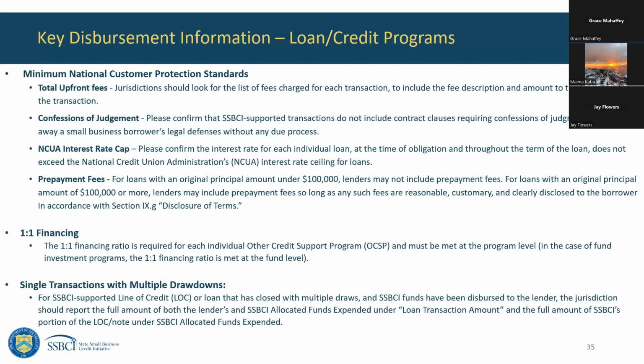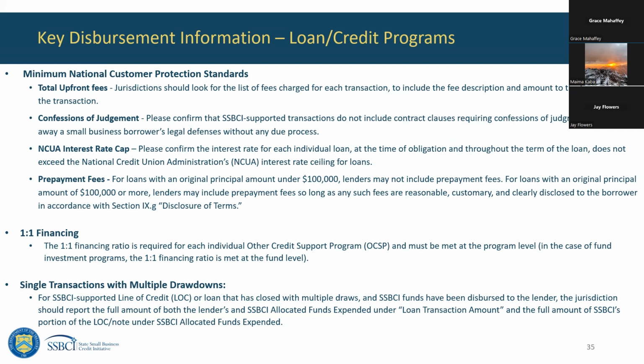All right, so we have a couple of minimum protection standards that we just wanted to bring to your attention that we also review as a part of our disbursement request review. And we would ask that you also do the same. Just ensure upfront fees or charges paid by the small business, excluding fees paid to the program, do not exceed 3% for loans greater than $25,000.